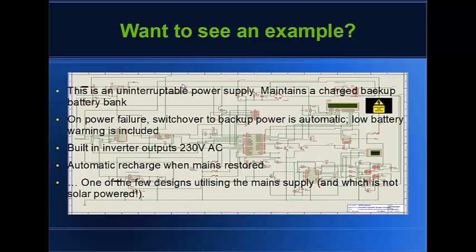Built-in inverter outputs 230 volts AC. There's automatic recharging when the main supply is restored. You automatically recharge the backup batteries, and this is actually one of the very few designs utilising the main supply and which is not solar powered.